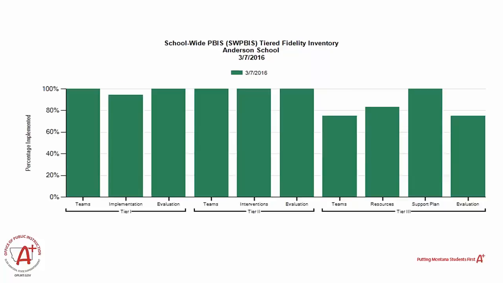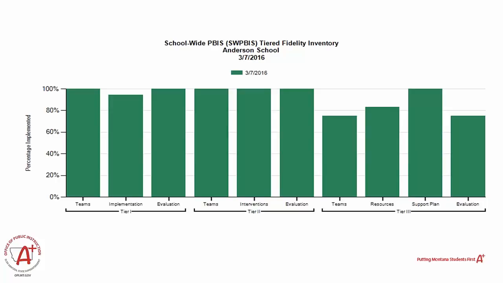Now, when we are taking a look at our subscale reports, this breaks it down into our Tier 1, Tier 2, and Tier 3. At this point, we can start doing an analysis of where there might be some strengths.